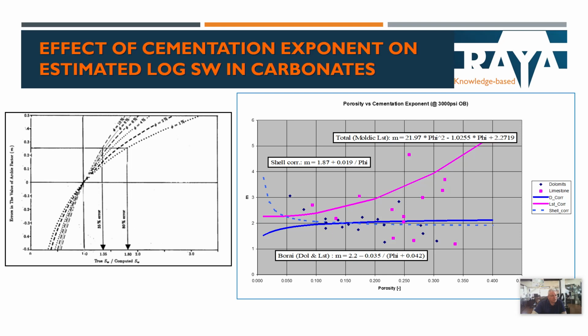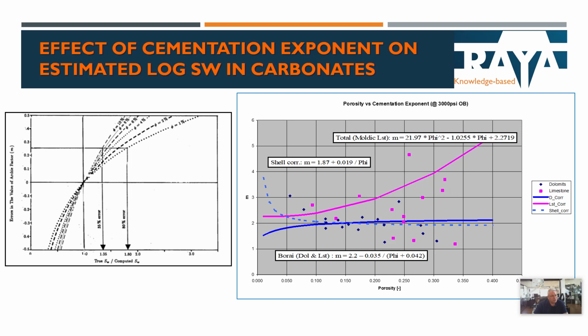In this figure, on the y-axis we have M values, and on the x-axis the true water saturation. I cannot read it, but you see the M effect on different porosities increases by reducing the rock type quality.